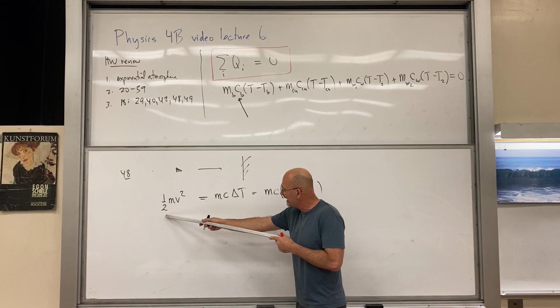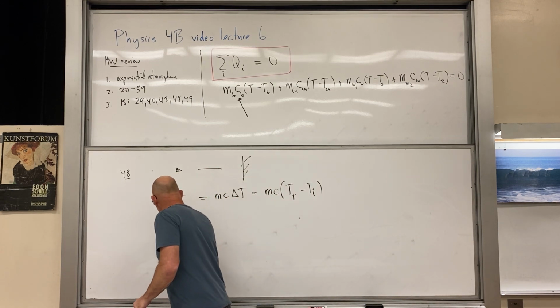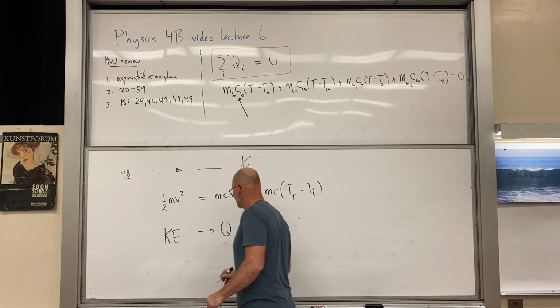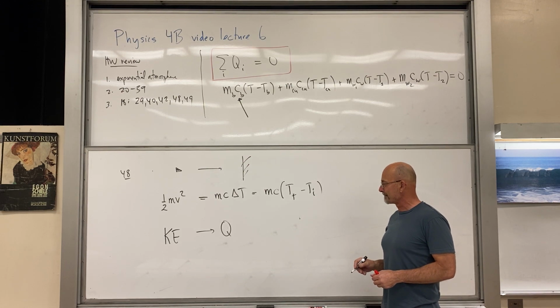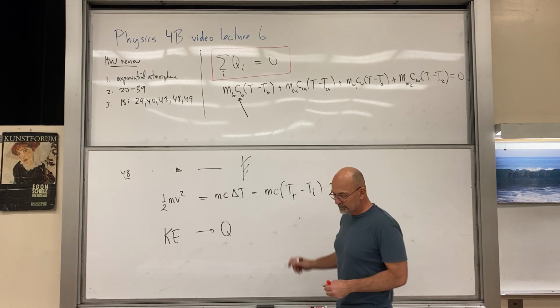What we had here was kinetic energy was turned into, so we could write kinetic energy converted to thermal energy. Okay. So conservation of energy. And that's how you set the problem up.